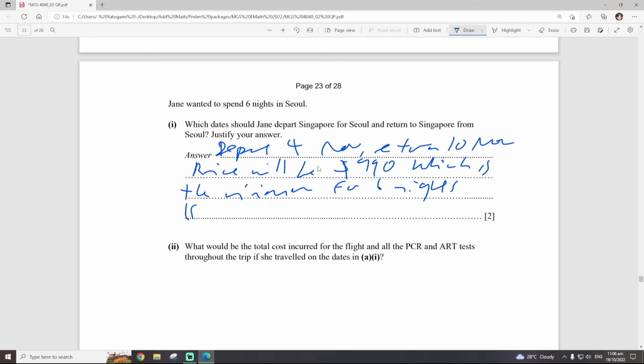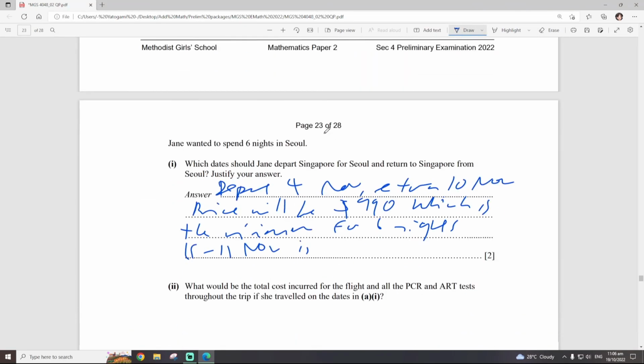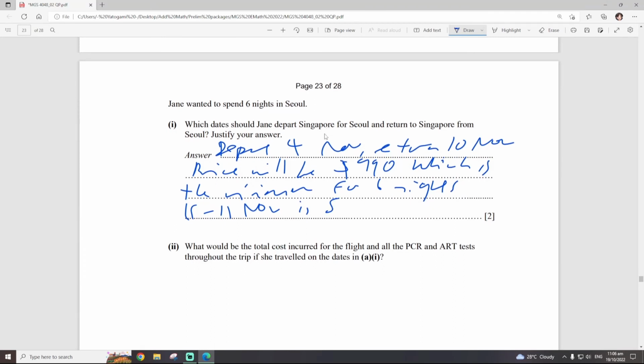Because if I quote 5 to 11 November, it will be more expensive at 1,303. Okay, so basically we want her to save money, right? That is the assumption that we're going to make.